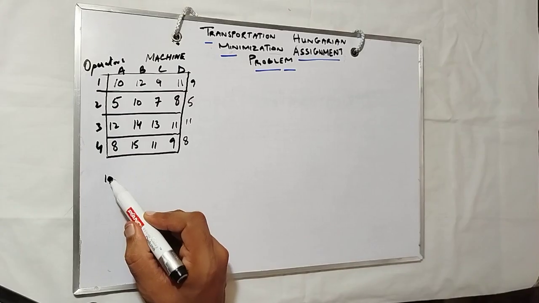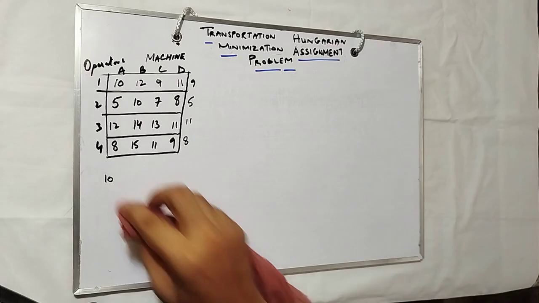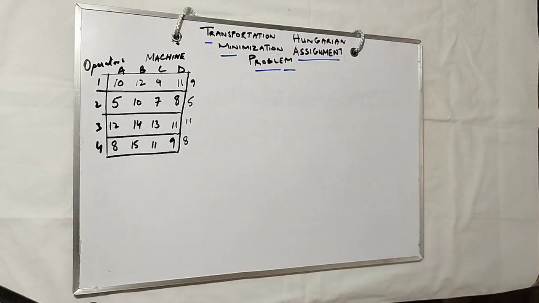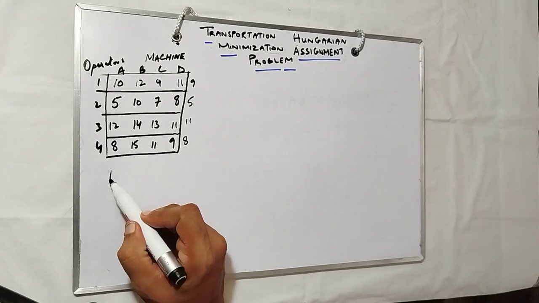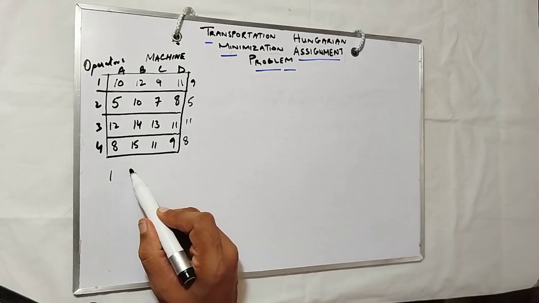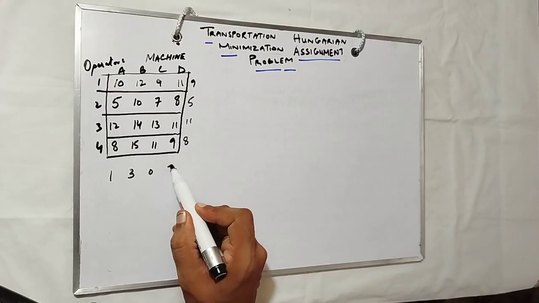So let's make it again. 10 will not be 10 anymore. It will be 1, since 9 has to be subtracted from the first element. 1, 3, 0, 3.